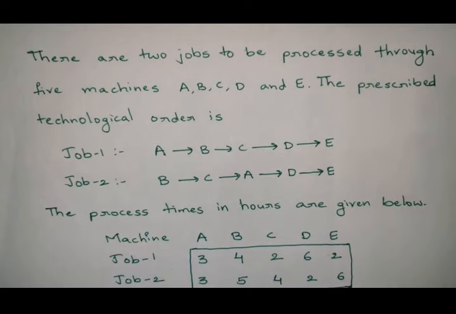Now in today's session, I am going to talk about the processing of two jobs through n machines. It is a type of job shop sequencing. In this job shop sequencing, the sequence of operations is not fixed, and we need to sequence the machines to the jobs in such a way that the total idle time is minimum.